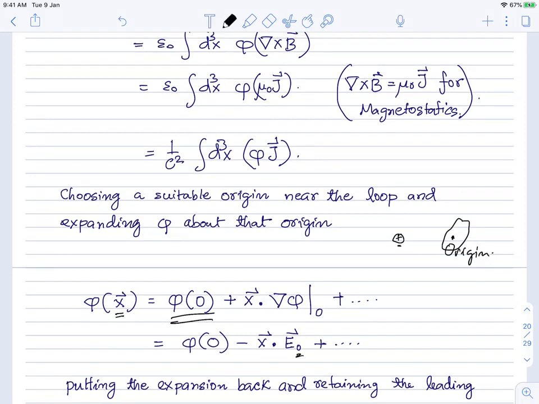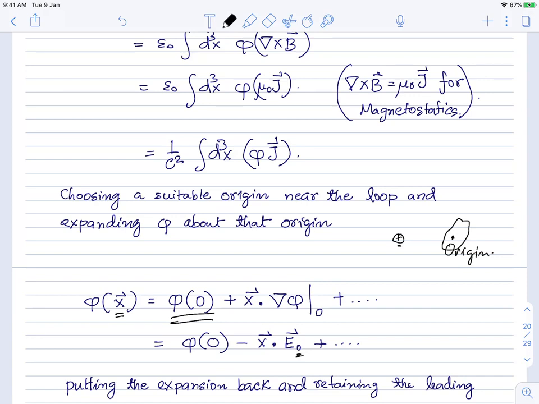So what I am doing now is a slightly crude approximation. But you see, these electric and magnetic fields fall off very rapidly away from these charges. So if these two things are very close by, then only that contribution contributes to this integral.